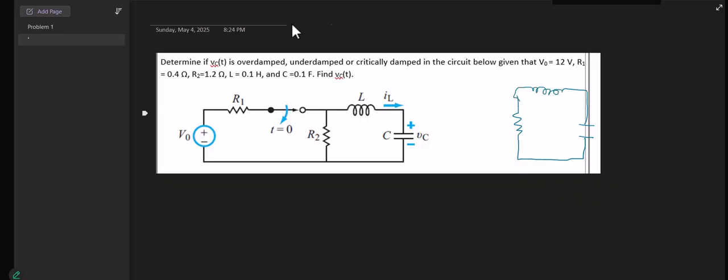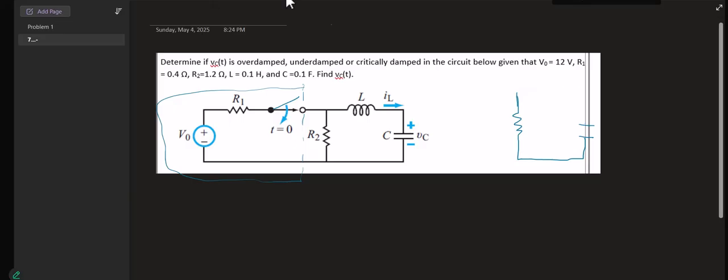Right here, this side of the circuit is not going to matter anymore. It's not going to be connected. It'll be open. So after we open the switch, we're only going to have the circuit that I have drawn here. So is that series or parallel? Series. That one is series. So we know we're going to have series.